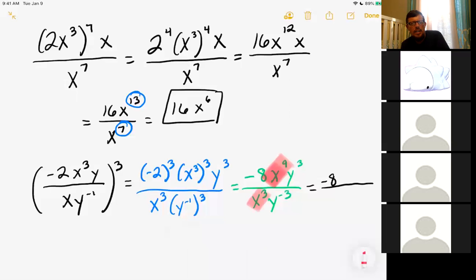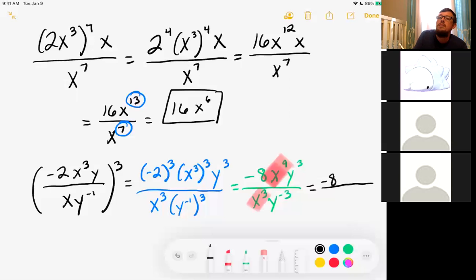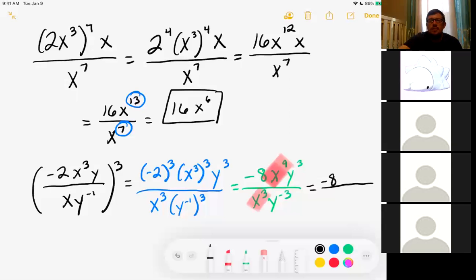X to the 9th over x to the 3rd is x to the 6th.